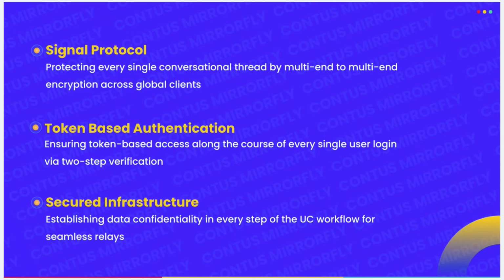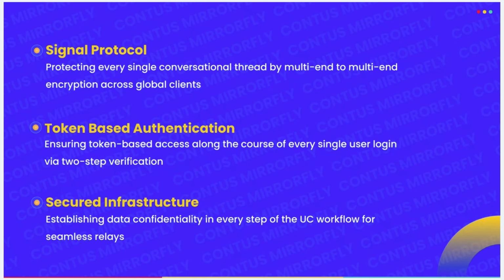And for customers who don't want to see any messages, or who want a proper, stronger encryption, we follow the Signal protocol. The Signal protocol is widely used across Skype, WhatsApp, and every IM which has stronger encryption.